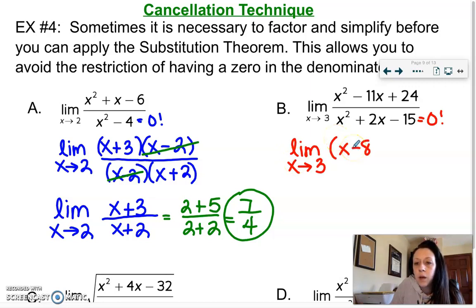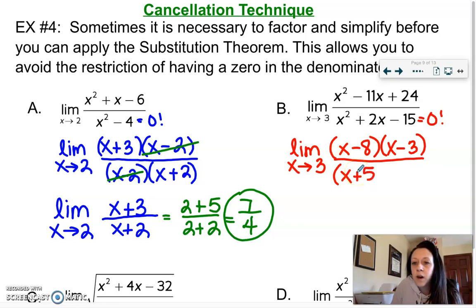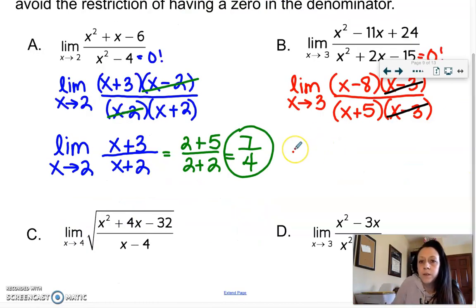On the top, looks like I'm going to need x minus 8 and x minus 3 to factor that. And then the bottom would be x plus 5 and x minus 3. And I am able to cancel x minus 3 with x minus 3. So let's see what we've got left.